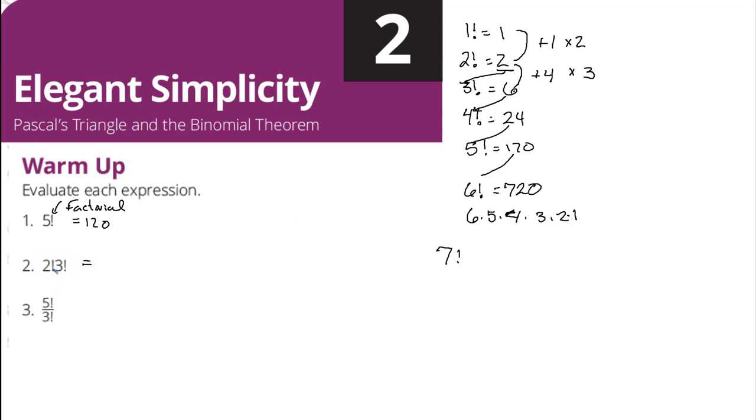But let's look at this. We had 2 factorial times 3 factorial. That means I have 2 times 1, and then 3 times 2 times 1. And again, you could do this in your calculator. That would give me 2 times 6, which is 12. Now 5 factorial is 5 times 4 times 3.